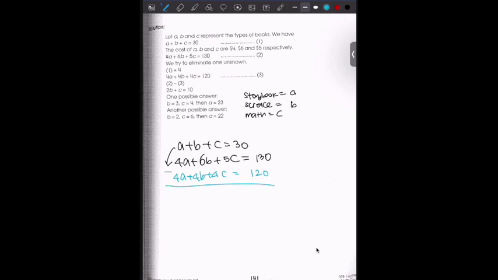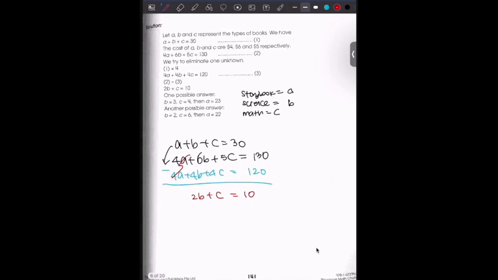So subtracted, we can eliminate the variable A. So we have 2B plus C equals 10. Now we have 2B plus C equals 10. And so that gives us two possible answers.